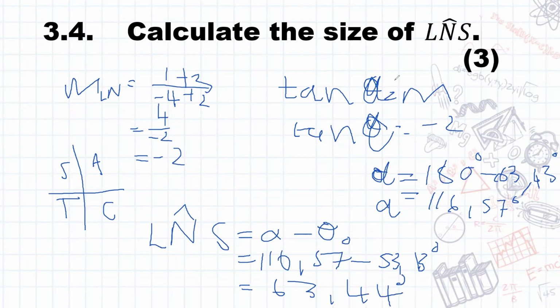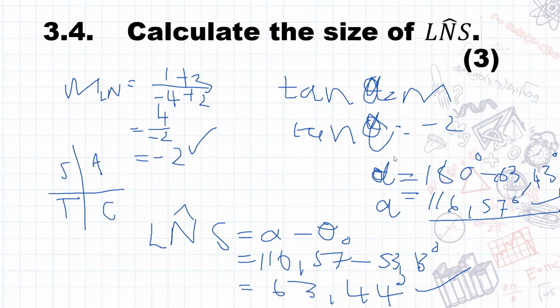All right, and so there's quite a few marks here, and I'll just go through them. The first mark is to find your gradient of LN. The second mark is to find this angle here. And the third mark is to find your actual solution to your question. So you can see if you follow your working out, you should get all of your marks.